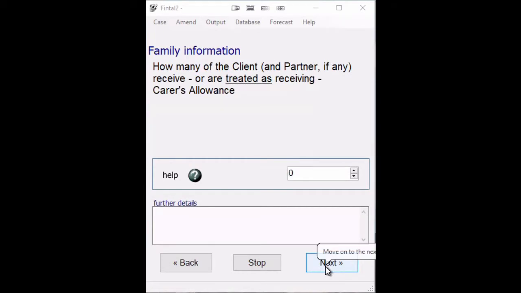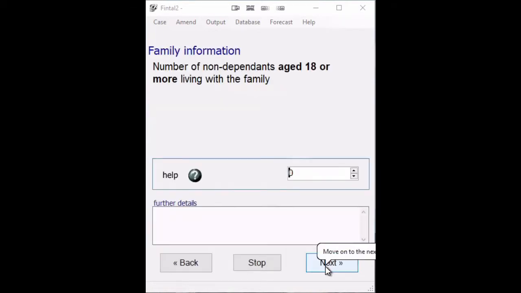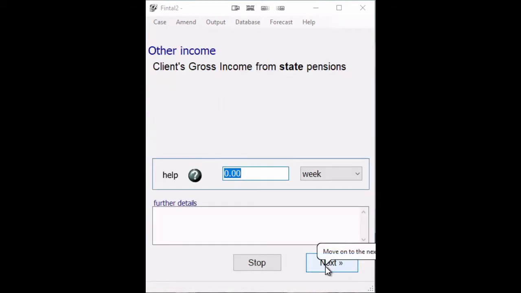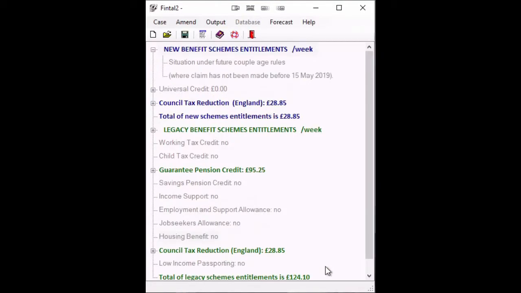Again, we answer a couple of extra questions that are relevant because of age changes, one of which is the state pension, so we'll restore that £150 and come through with the calculation.